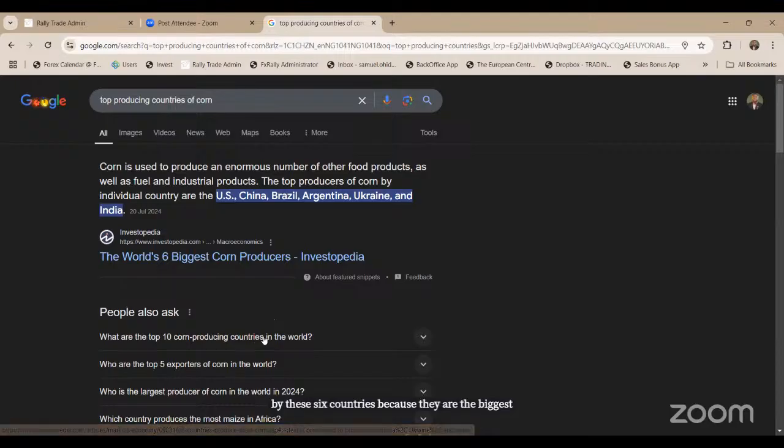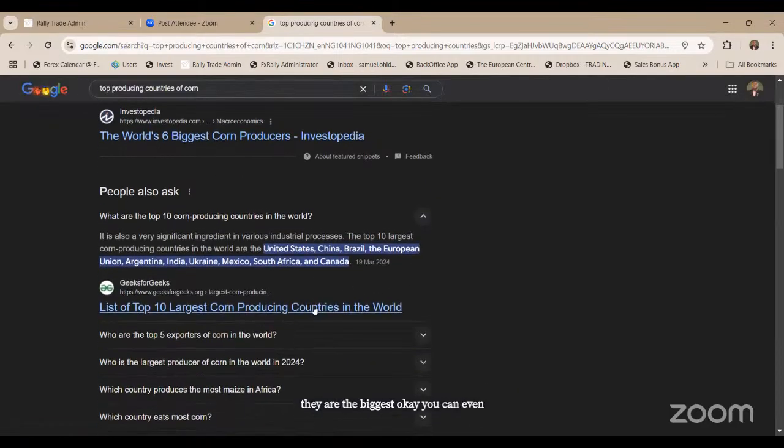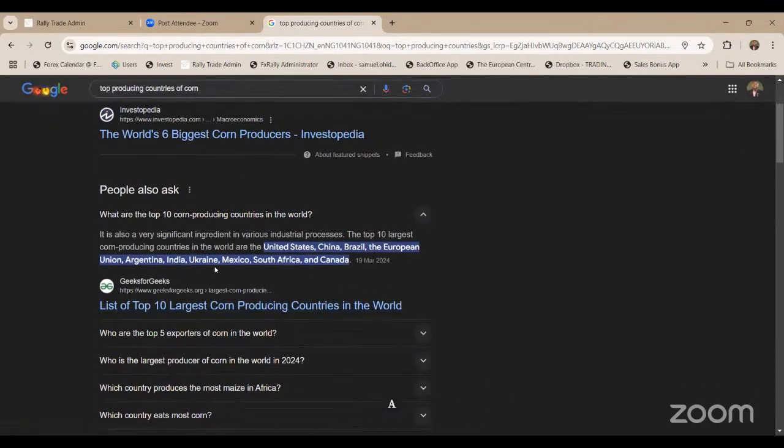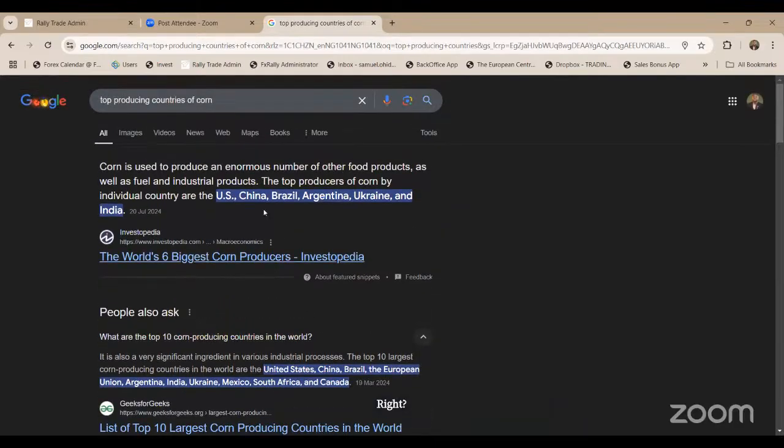You can even check the world top 10. Apart from Ukraine, you also have Mexico, South Africa, and Canada, right? You understand? So these are examples. Let's go back to our chart to see the performance and behavior of corn over time.